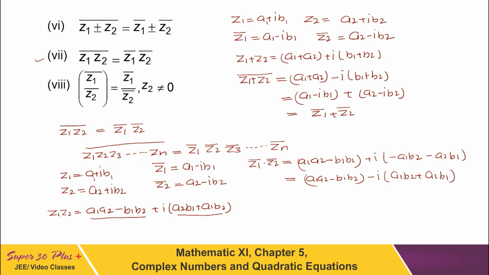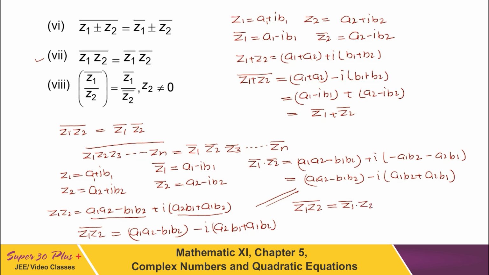As we know, Z1 Z2 is here. What is the value of Z1 Z2 conjugate? It is equal to A1 A2 minus B1 B2, and iota is replaced by minus iota here. It is minus iota (A2 B1 plus A1 B2), and we can observe that this is equal to this, meaning Z1 Z2 whole bar is equal to Z1 bar into Z2 bar.